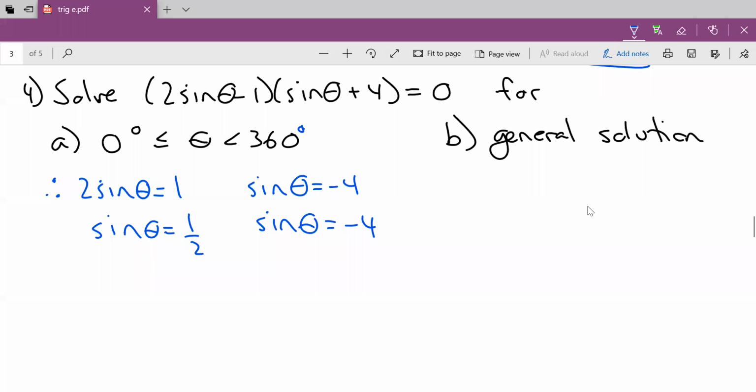What angle gives me sine equals 1/2? Well, we're in degrees here. So sine is 1/2 at 30 degrees and 150. Like it. Now, the next one, sine theta is equal to -4. I'm looking at my unit circle. I don't have any y values of -4.